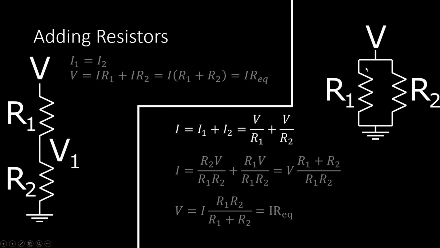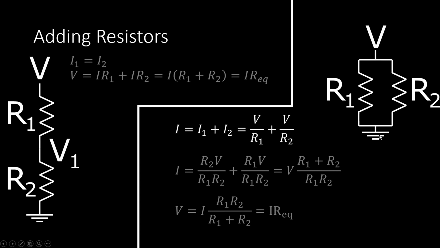And we know the current through resistor 1 is equal to the voltage drop across it divided by its resistance. The same thing holds for resistor 2. That's how we get this equation, where the current is equal to the voltage across the whole circuit divided by resistance 1, plus that voltage divided by resistor 2.